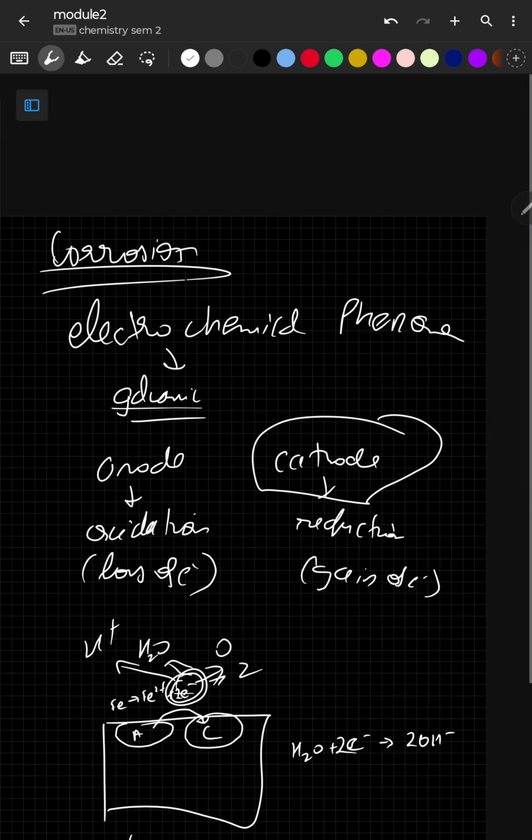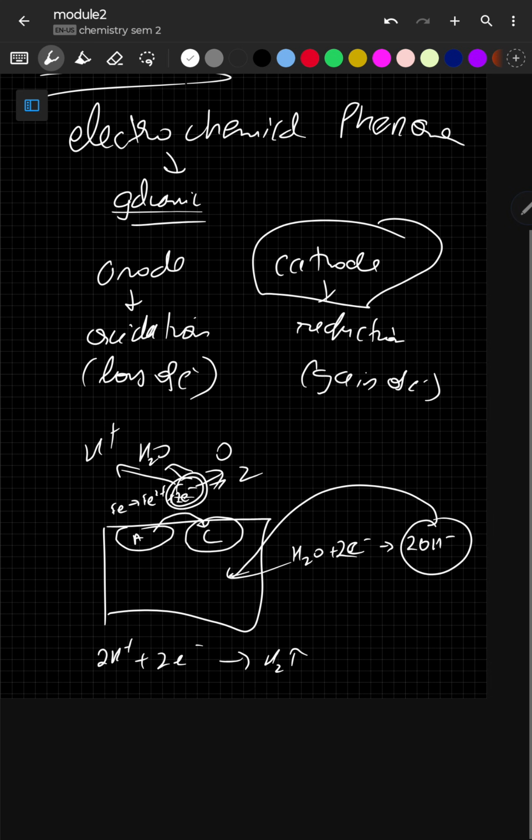Finally, this OH minus ion is going to react with the metal, and that is going to form MOH. That MOH is metal hydroxide. See, I'll just tell you. Anode is going to get oxidized, so basically loss of electrons. So Fe is going to become Fe2+ plus 2 electrons. The electrons are going to react with the atmospheric constituents.